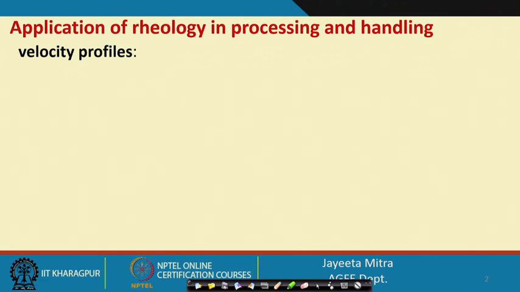In our momentum transfer classes, some of you might have learned the different relations of pressure drop and flow velocity inside a pipe. That is basically Hagen-Poiseuille's equation.